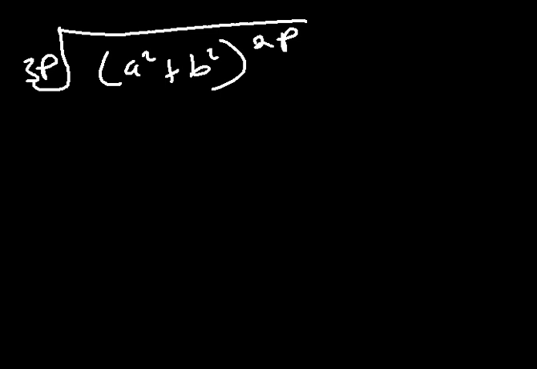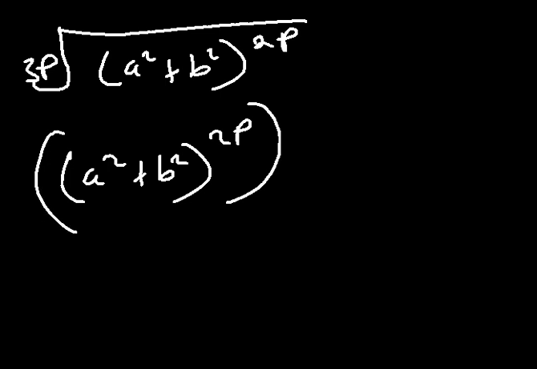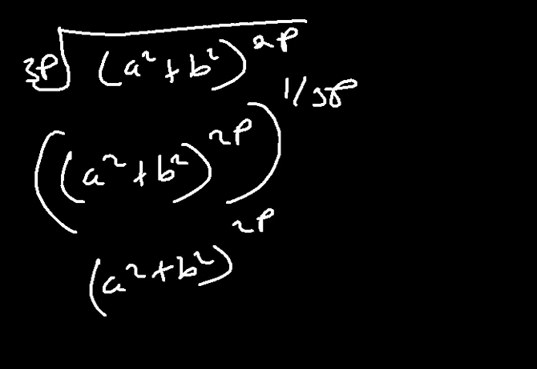So according to the working principle, this is the same as (a to the power 2 plus b to the power 2) to the power 2b, times, overall, to the power 1 over 3b. Which is the same as (a to the power 2 plus b to the power 2) to the power 2b times 1 over 3b, of which this and this will cancel.